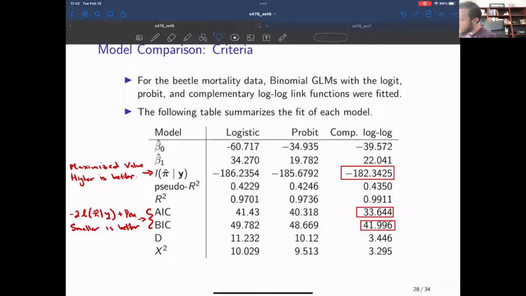All right, now, if we look at the pseudo R squared, you'll recall that the pseudo R squared actually gets larger as you add parameters in. So that's a hint for question 3 on the assignment. But you can see here that given our traditional definition of the R squared value, these are also suggesting the complementary log-log, because again, these are the largest quantities.